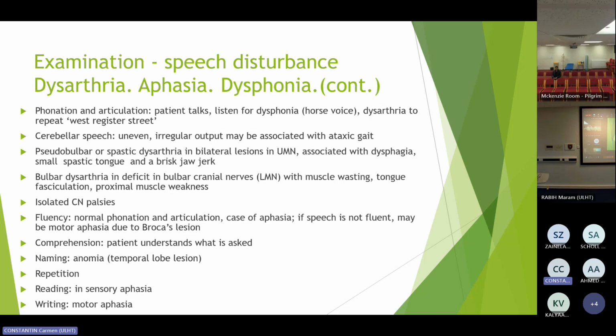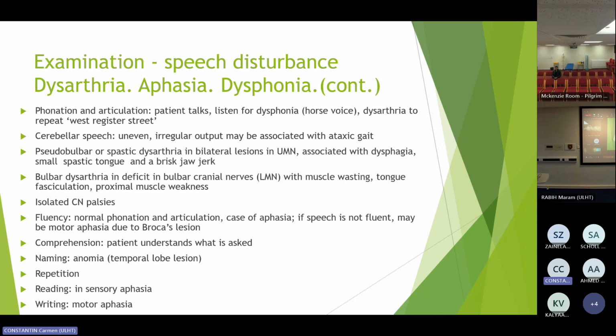We can also have the fluency of the speech affected. With normal phonation and normal articulation, if speech is not fluent, it could actually be a motor aphasia in a Broca's lesion.